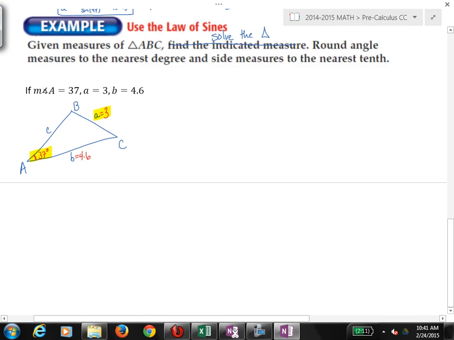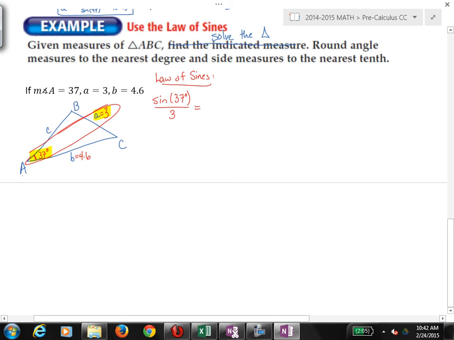So let's go ahead and start setting up law of sines using that first opposite side and angle. So it's going to be sine of 37 degrees over the side 3. And that should be equivalent to, now we start off with this one. Which one do you want to solve for?